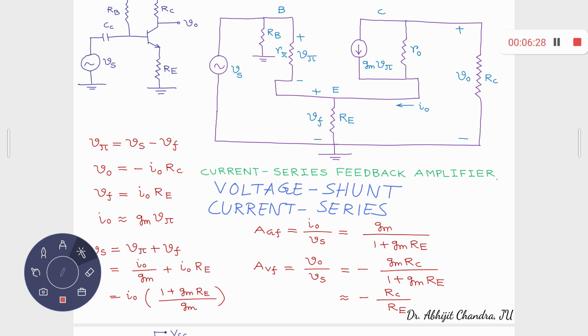I have to connect the output side of the feedback network to the input of the beta network in such a way that this voltage is retrieved. So voltage is retrieved in which path? In the parallel path, the shunt path. Right? So I can have this kind of thing.